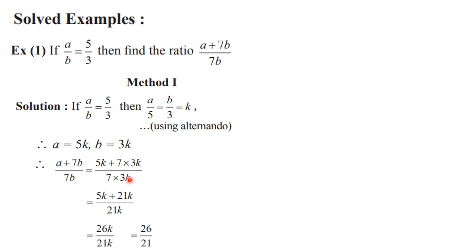See now this 5K as it is, 7 3s are 21, and the multiplication of 7 into 3K is 21K. And in the denominator we have again 7 into 3K, that is 21K. So now let's add 5K plus 21K is 26K, and denominator as it is, that is 21K. Here we can cut K and K from both the sides and our answer is 26 upon 21.